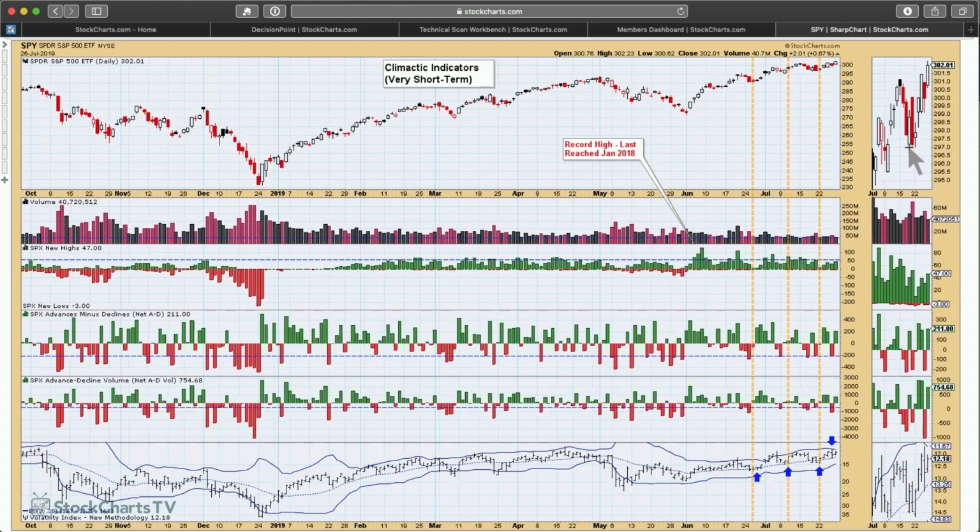Yeah. And also, it doesn't show up very well in this chart, but if you look at the new highs, notice how in June, beginning of June, you had a spike of new highs. That was kind of the initiation climax on this rally that we're in right now.